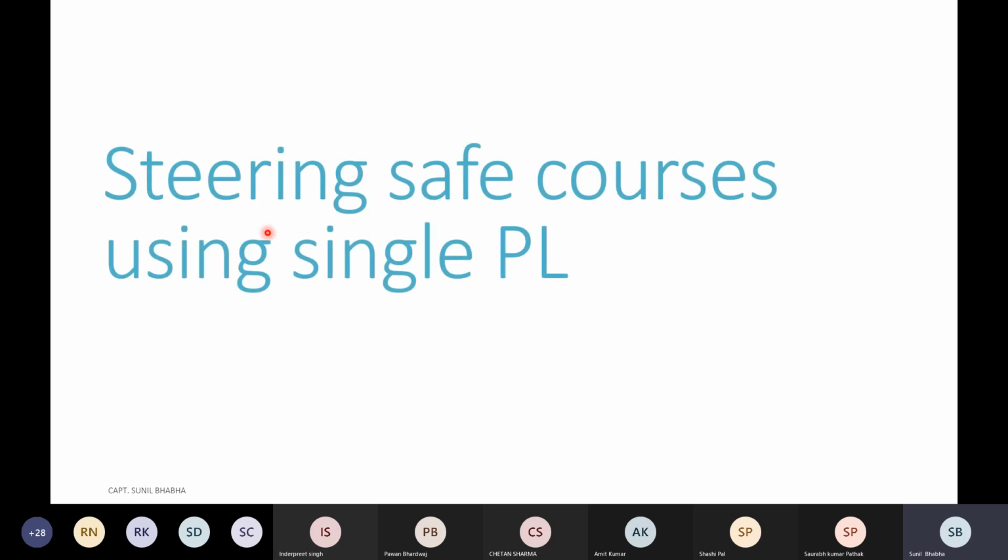Let's move on to our next topic now. The next topic which we have is steering safe courses using a single position line. This is also known as blind navigation, and this is done in case of restricted visibility.